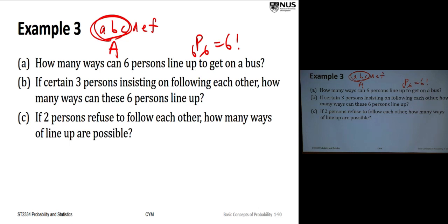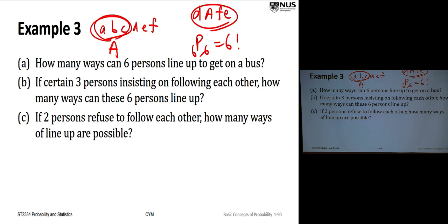All right. So one particular arrangement may be like this: D, A, F, E, for example. This is an arrangement of these 4 objects. But these 3 insist they follow each other, but they did not say that lowercase a must be the first one, lowercase b must be the second one.